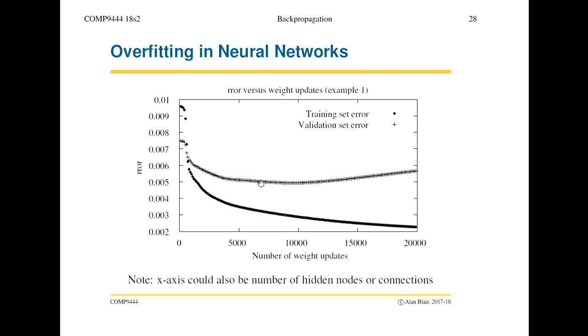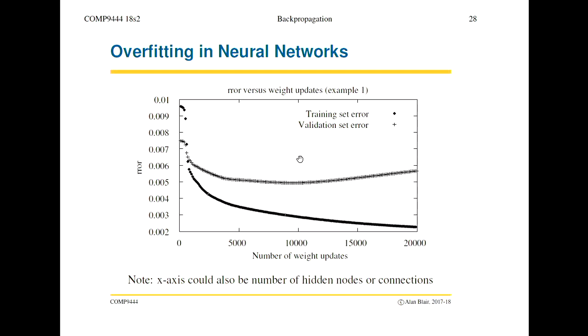So any number of hidden nodes in this range would probably give the best generalization. Now, sometimes we talk about a validation set. This is terminology, but sometimes there's a test set that you really don't have access to. But you may chop off some of your training data and use it as a kind of validation set.